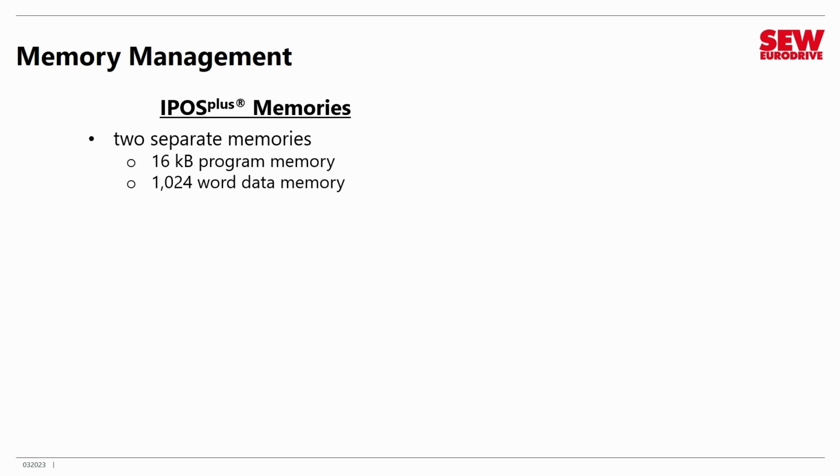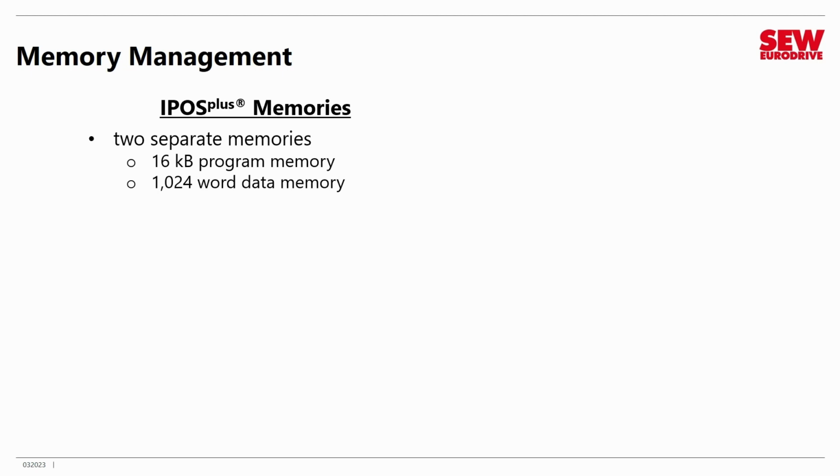That's where your IPOS program lives. And you may think, boy, 16 kilobytes, that's minuscule. My PC has tons of gigabytes in it. Well, this isn't a PC. It's a VFD doing a very specific task. 16 kilobytes is actually quite a bit, and you can write a very large IPOS program that does some very clever things in that. So don't be put off by that, even though it seems really strange today.